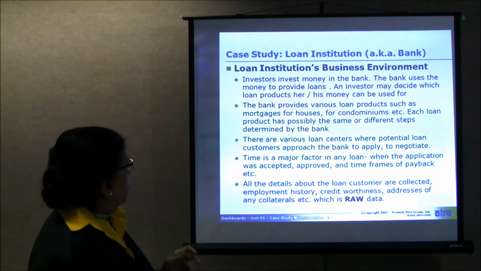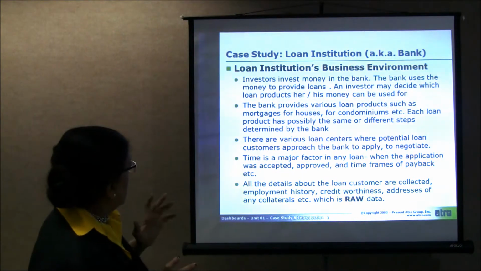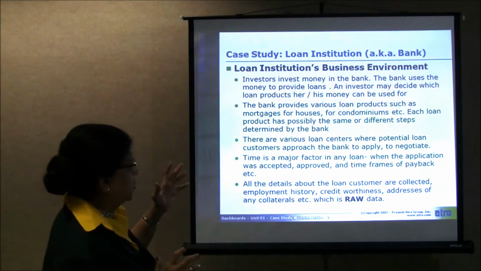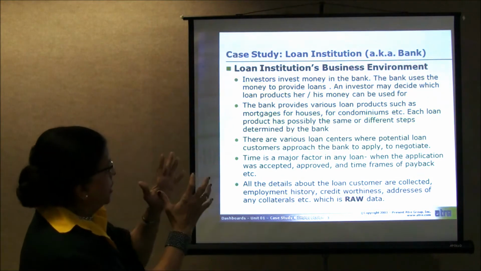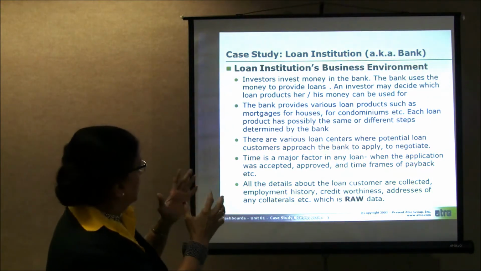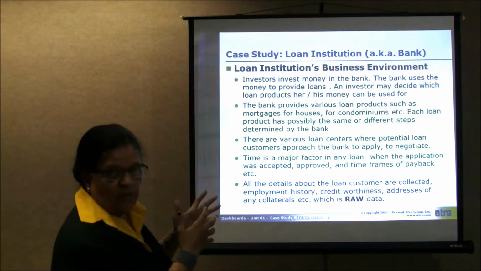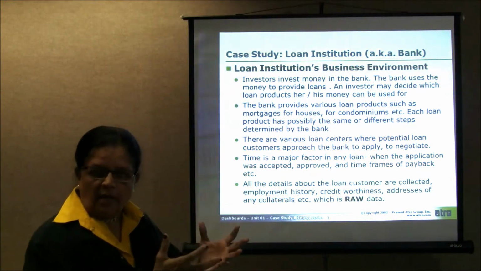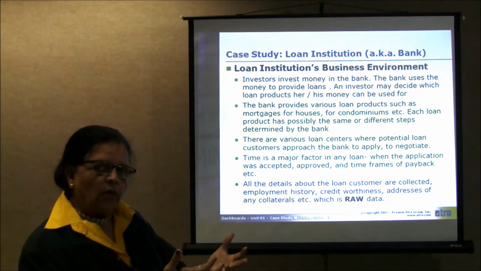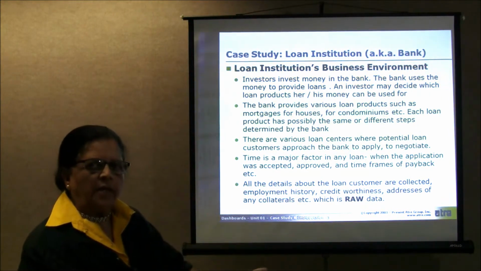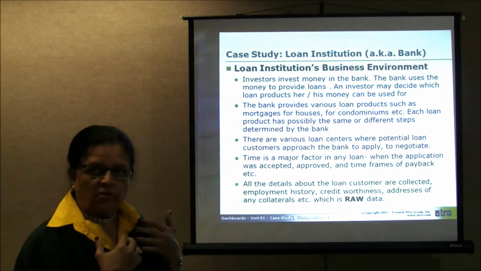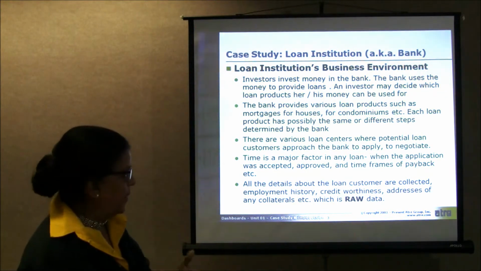So with that, we say the loan institution's business environment, where we will be looking at a bank, and a bank has investors which invest money in that bank, and so to say they give loans to the bank and in turn they get returns for the investment which they make with the bank.